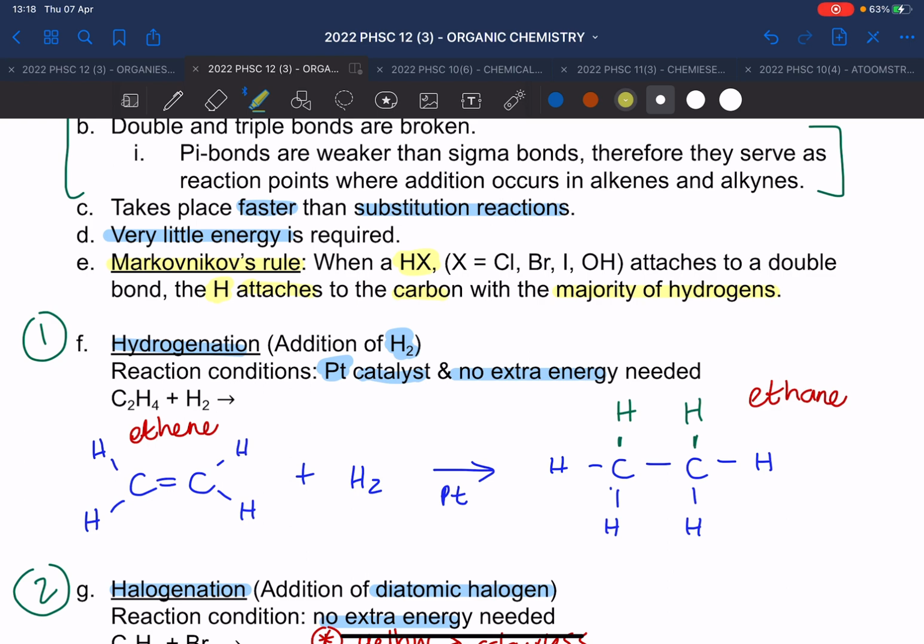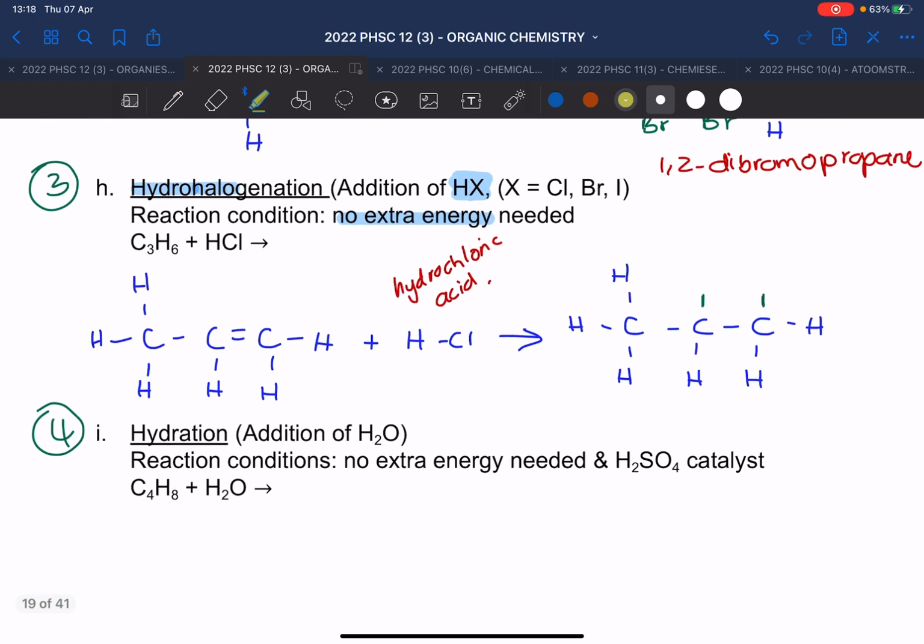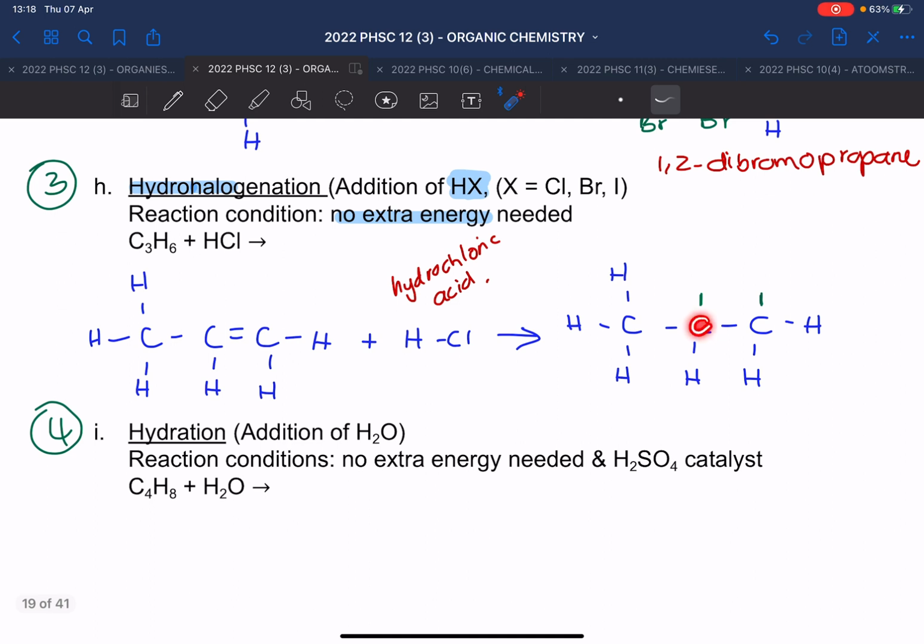Because you feel safe with people that you know. The same thing here. You have a carbon with a hydrogen and a carbon with 2 hydrogens. So this hydrogen will go to the carbon with the most hydrogens. So there you will get a hydrogen and then the chlorine will go sit there.